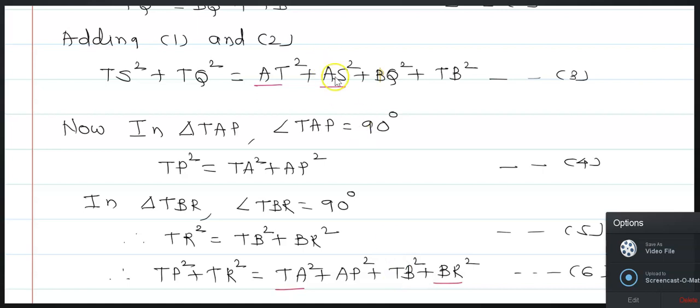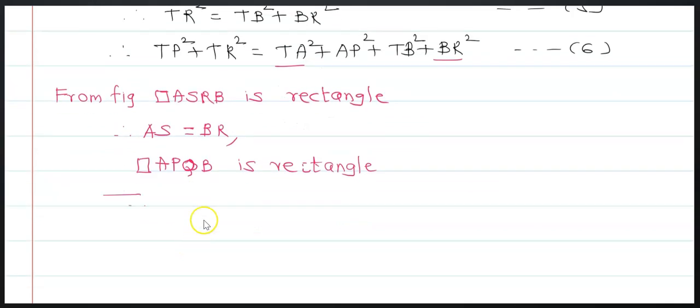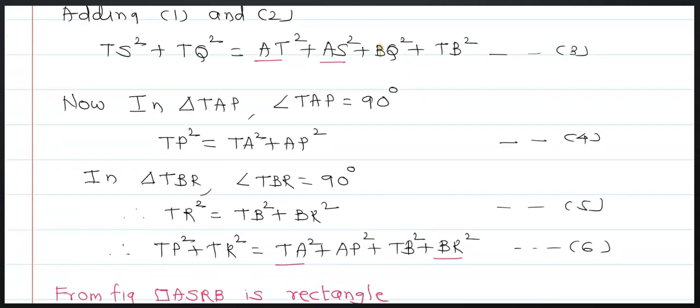Now we want to find out AS and BQ. AS is equal to BR. Also from the rectangle APQB, AP is equal to BQ.